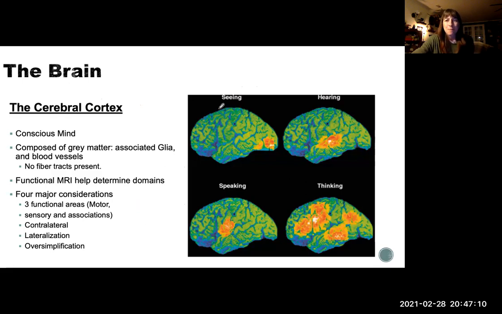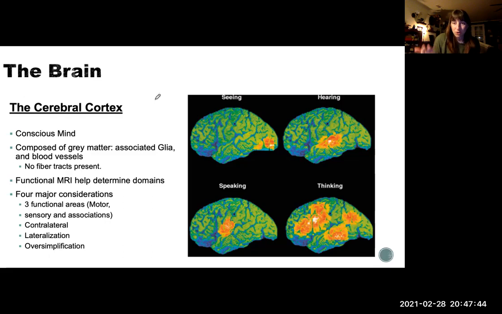But in this field in particular, there's so much going on and it's so complex that there would be no way to fit it all in. So very, very simplistically speaking, we have a general understanding of what a lot of these regions of the cerebral cortex look like, which, by the way, is only the gray matter of the cerebrum, like I said, but that gray matter is only like an eighth of an inch thick over the surface of all of these sulci and gyri of the cerebrum.